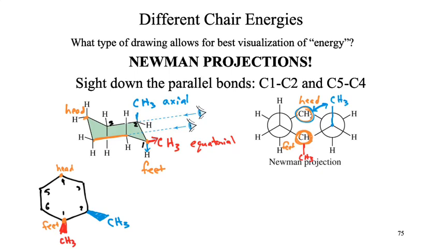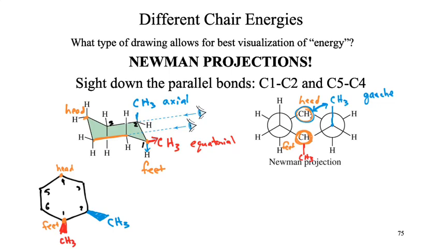I've got one hand out front and one hand in back. Okay? That interaction brings them close to each other, which makes it gauche. Gauche, whatever you want to call it. I don't care. Okay, so we've got the gauche, the G interaction.